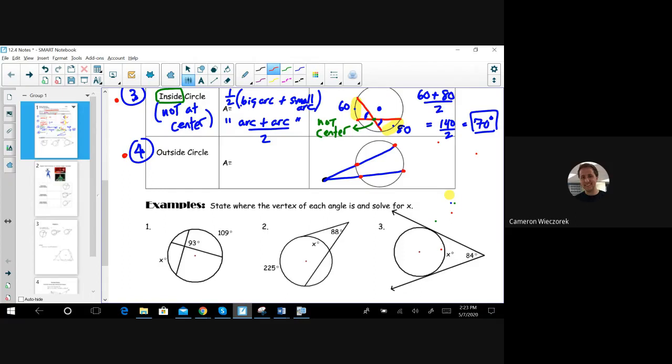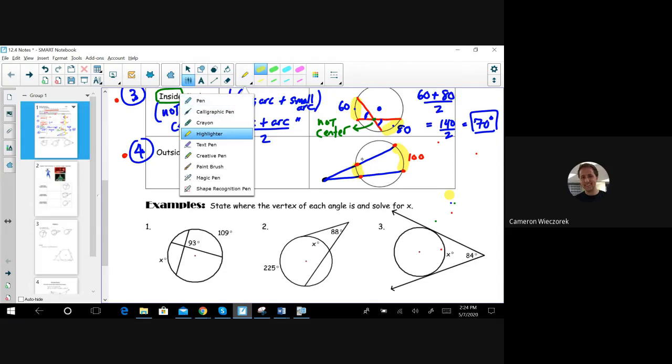So let's say that I know this arc, which I'm going to call the outer arc. Let's say that's 100 degrees. And let's say I also know this inner arc between the segments is 60 degrees.